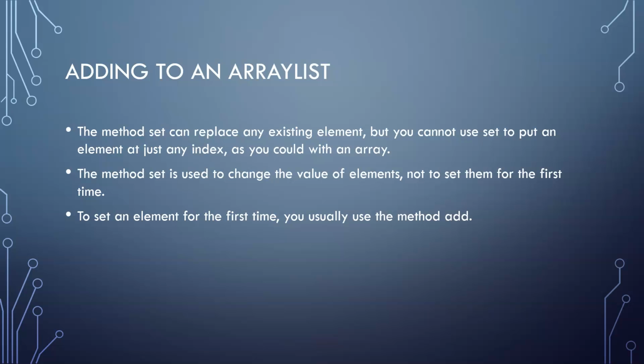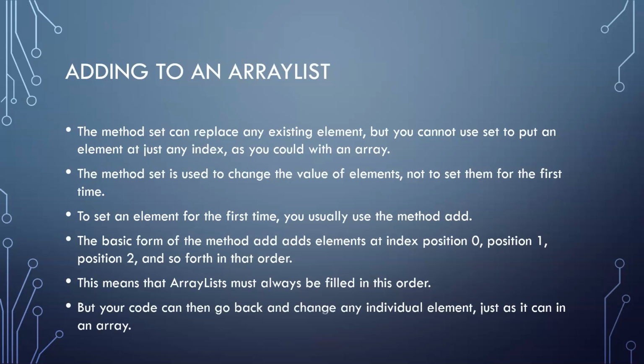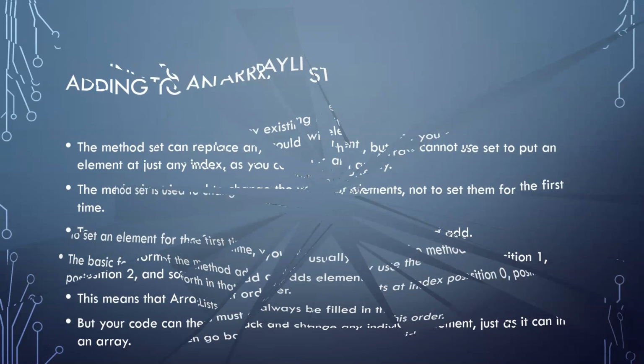We have to add the sixth element. The basic form of the method add adds elements at index position 0, position 1, 2, and so forth, in that order. This means that an ArrayList must always be filled in that order. But your code can then go back and change the individual elements just as it can with an array. We just have to use set instead of add.